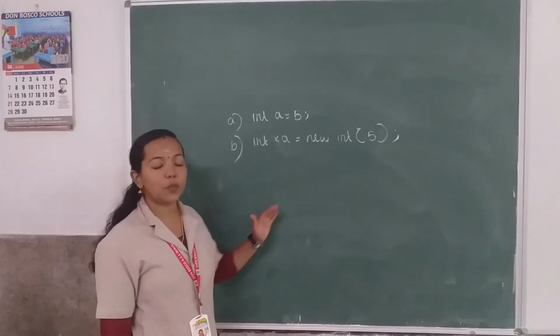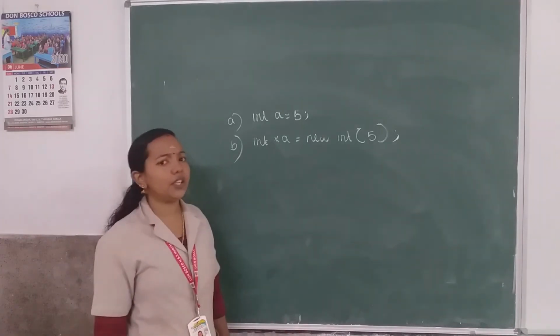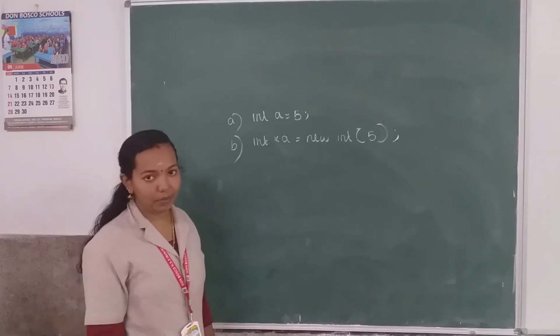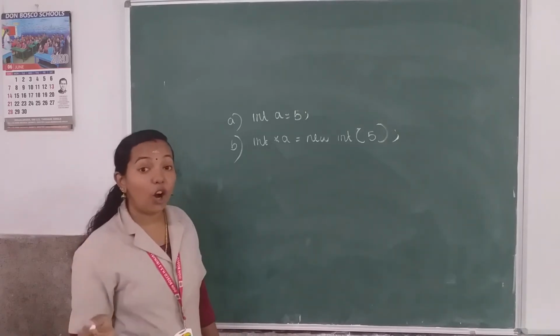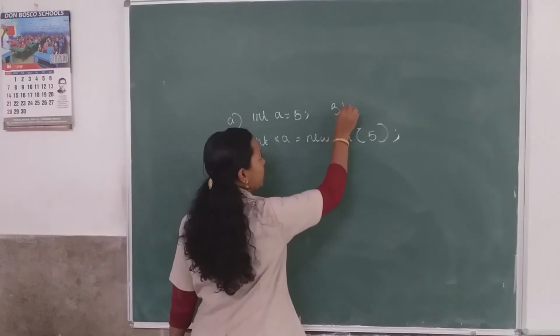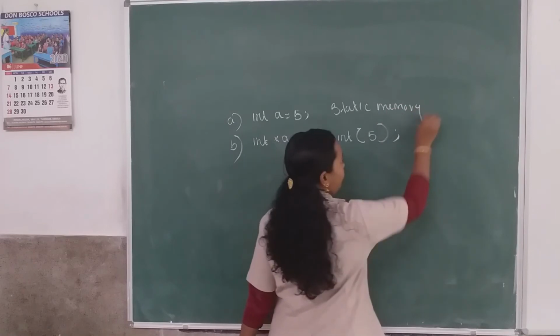So what is the difference between these two statements? Int a is equal to 5. Here a is a normal variable. The concept is clear. Here we are using a declaration along with initialization statement. The difference is here it is performing static memory allocation.